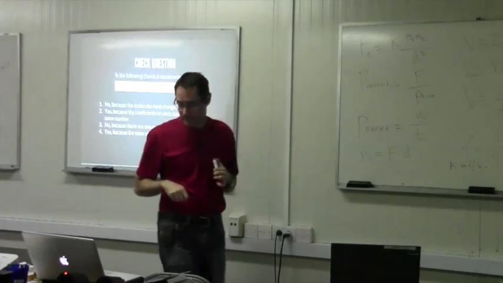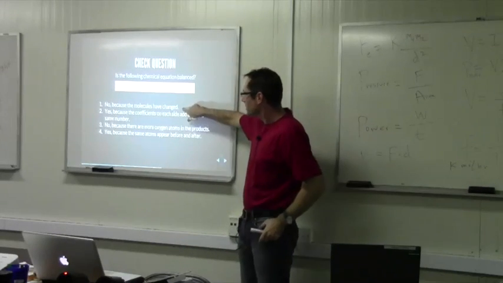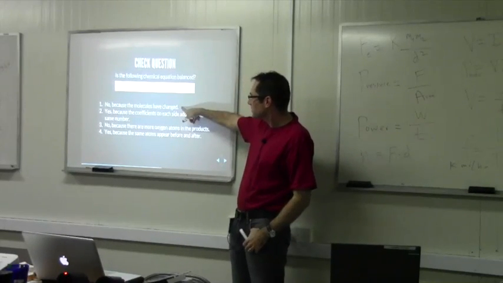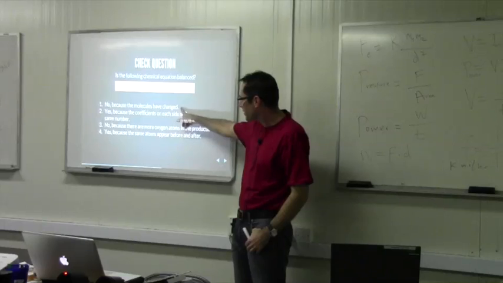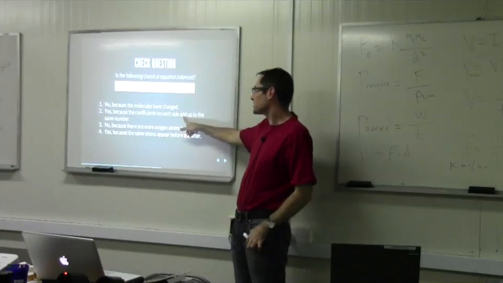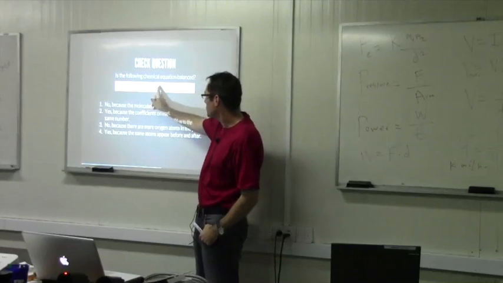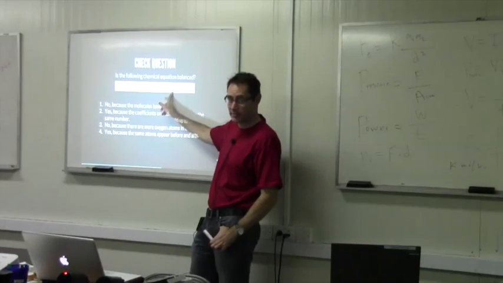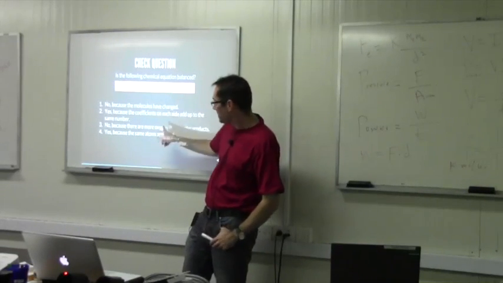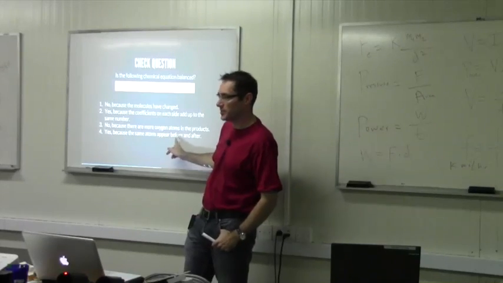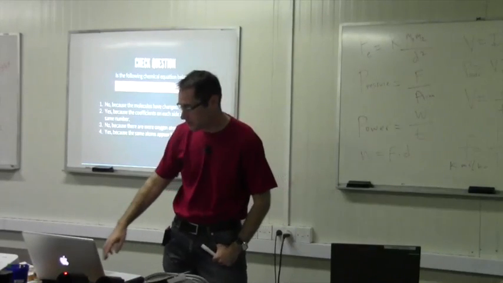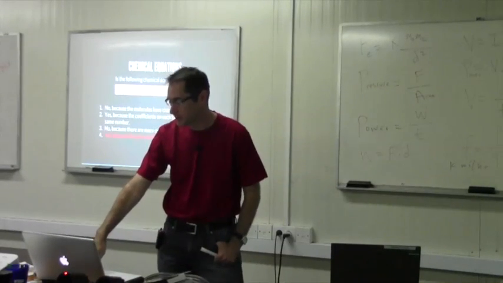So the answer is what? Is it balanced? We said yes, so it's not any of the no's. Yes, because the coefficients on each side add up to the same number? Well, 1 plus 2 and 2 plus 1. That's true, but is that why it's balanced? No. Yes, because the same atoms appear before and after. Ta-da! There we go.